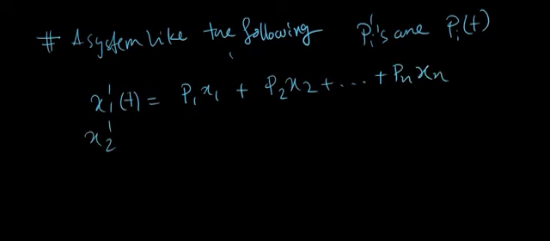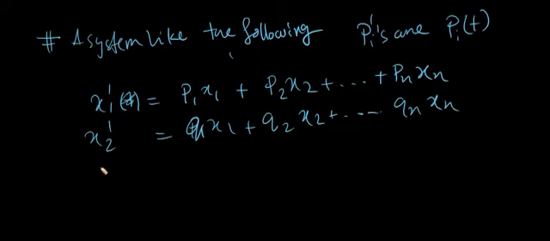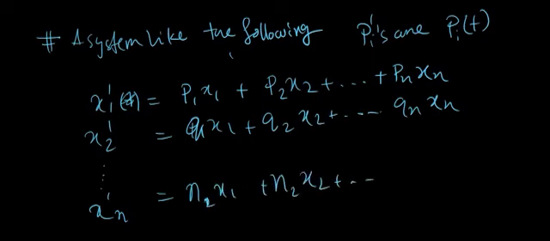Similarly, x2 prime will be q1 x1, q2 x2, dot dot dot, qn xn, and so on, and let's say this goes up to n. And here you have some n1 x1, n2 x2, dot dot dot, plus nn xn.